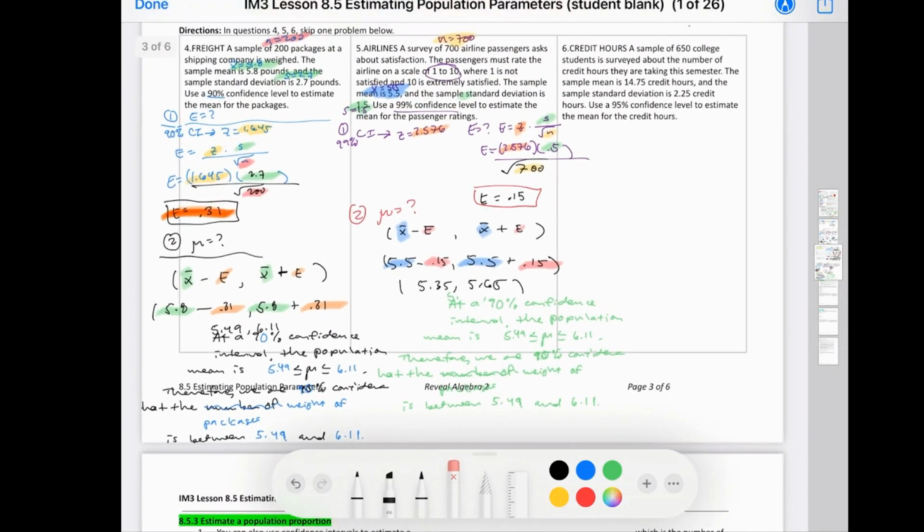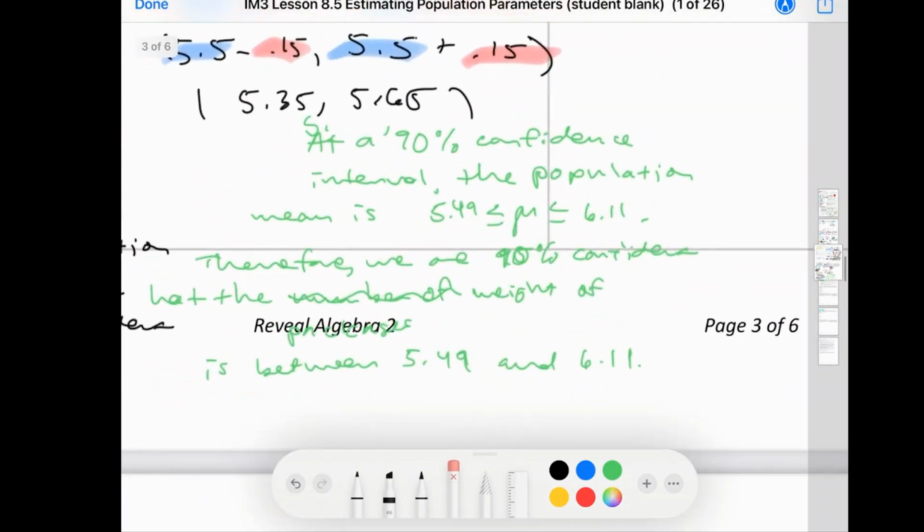Okay, at least we have a starting point. At a 99% confidence interval, the population mean is between 5.35 and 5.65.